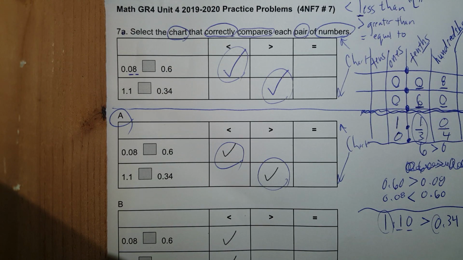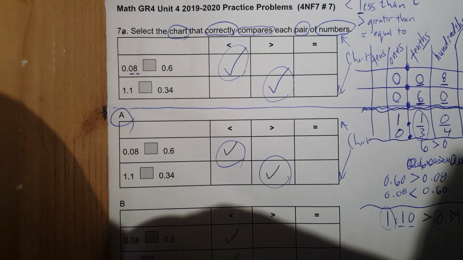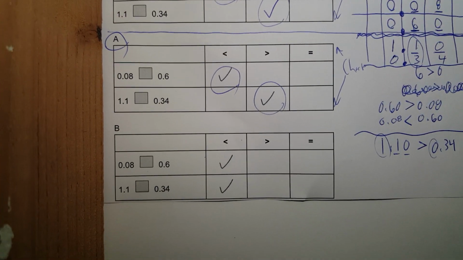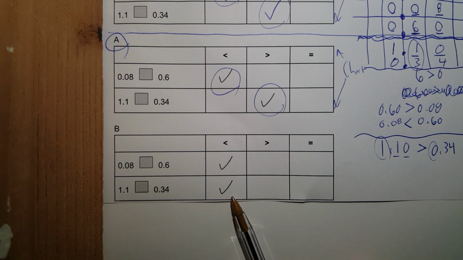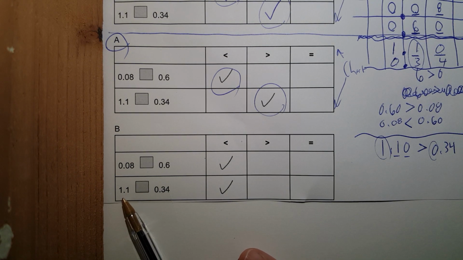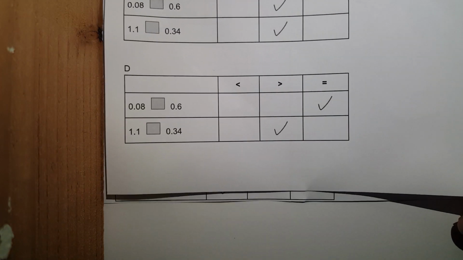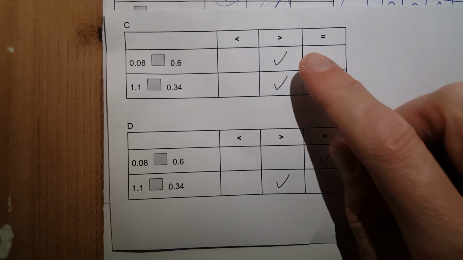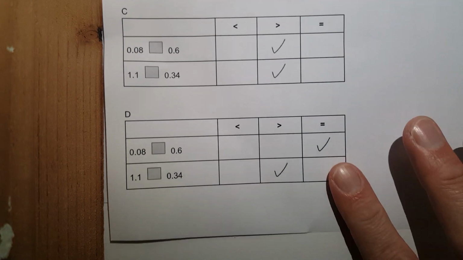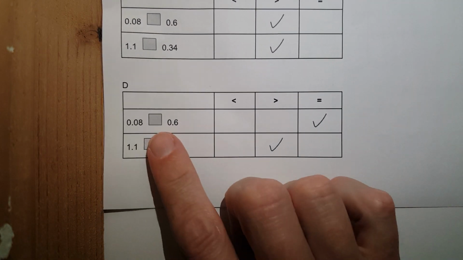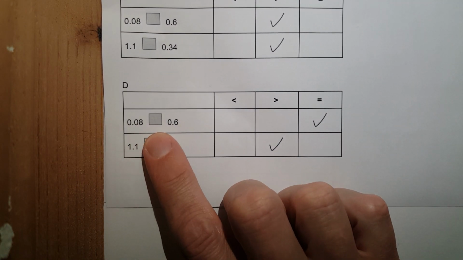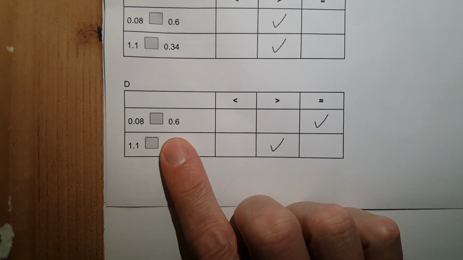Correct answer is A. Okay, we can look at B. If I go down and show you B, you can see both of them were less than. 1 is greater than 0. Let's go to the next one. Greater than, and equal to, greater than. Come on. 0.08 is equal to 0.6.